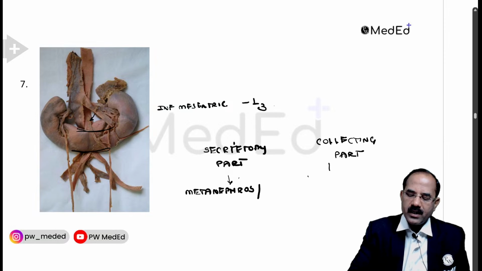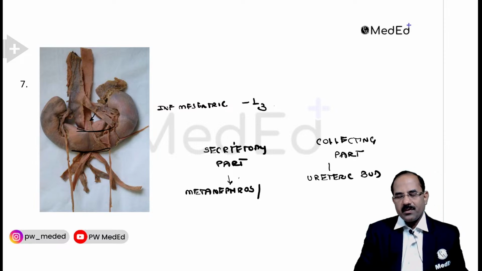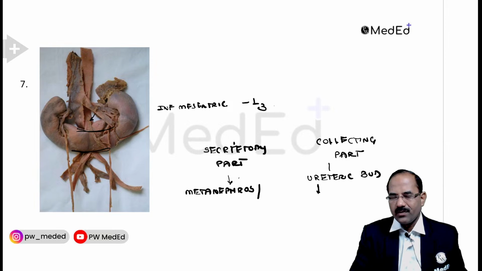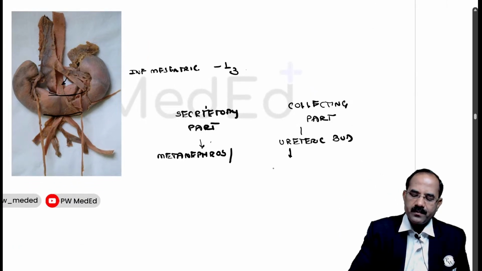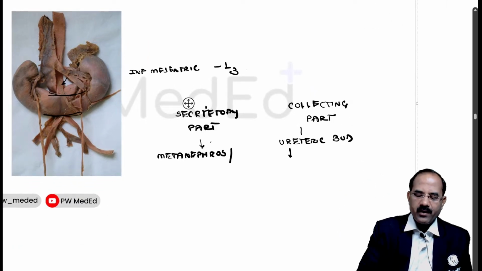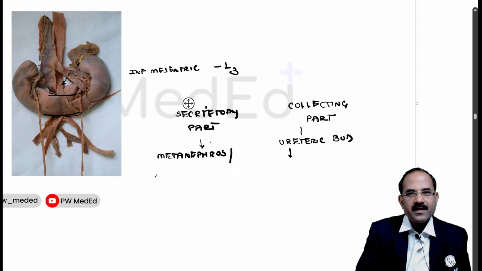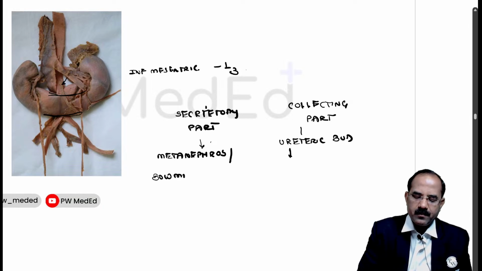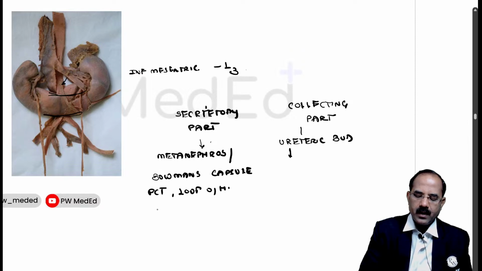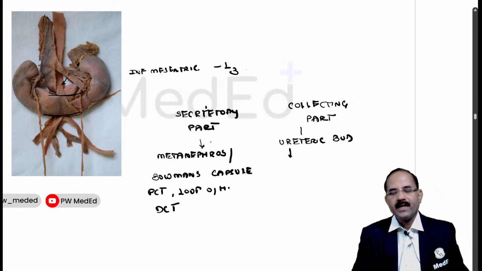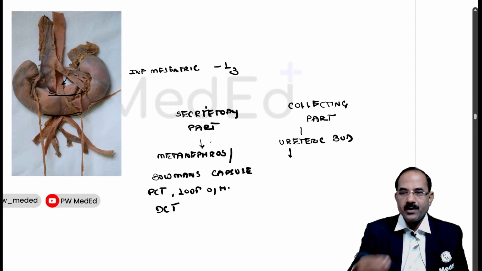The collecting part of the kidney is derived from the ureteric bud. What does the metanephros form? The Bowman's capsule, the PCT, the loop of Henle, and the DCT. And what is derived from the ureteric bud?